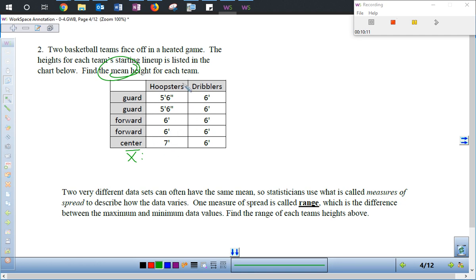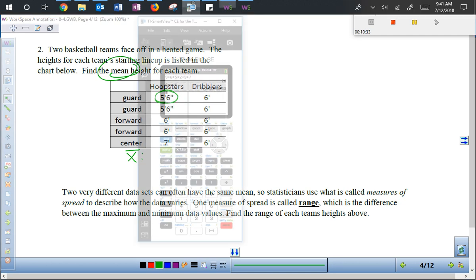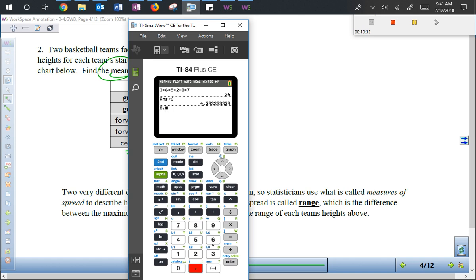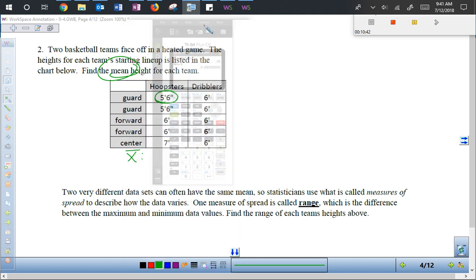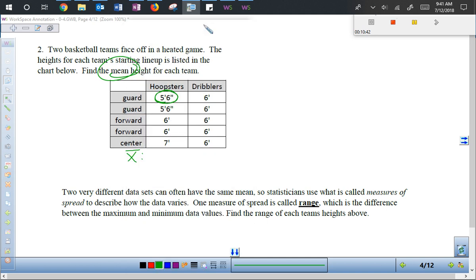So starting with the hoopsters, we have a team player who is 5'6", 5'6", 6'6", and 7 foot. So we need to add all of those together, but be careful, because when you have a player that is 5 foot 6 inches, we can't put that into our calculator as 5.6, because 6 inches is not 0.6 feet. In fact, I hope you guys remember from up top, 1 foot has 12 inches.